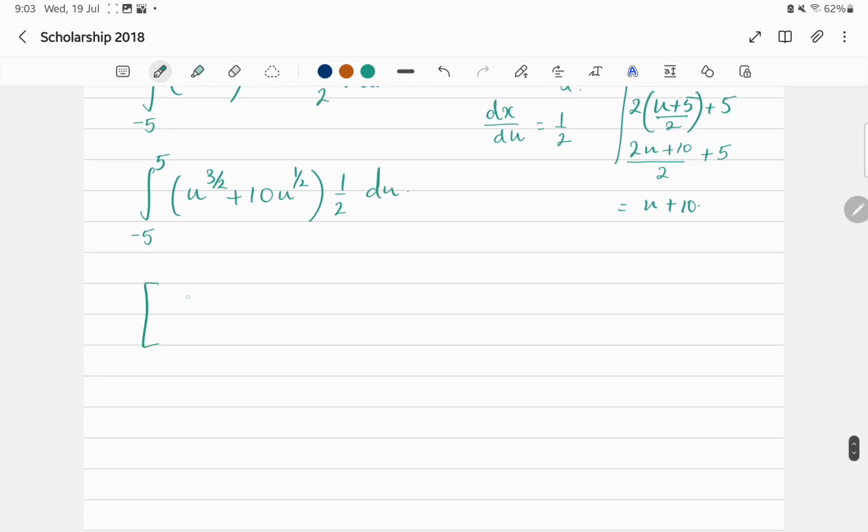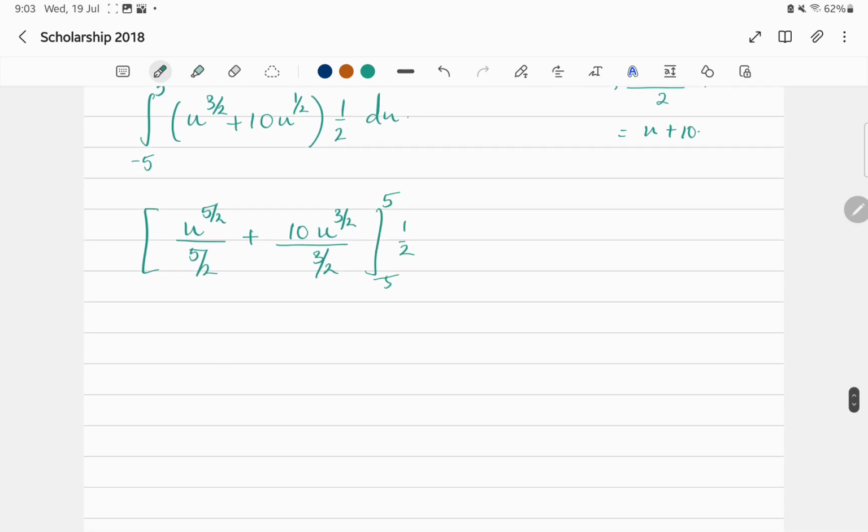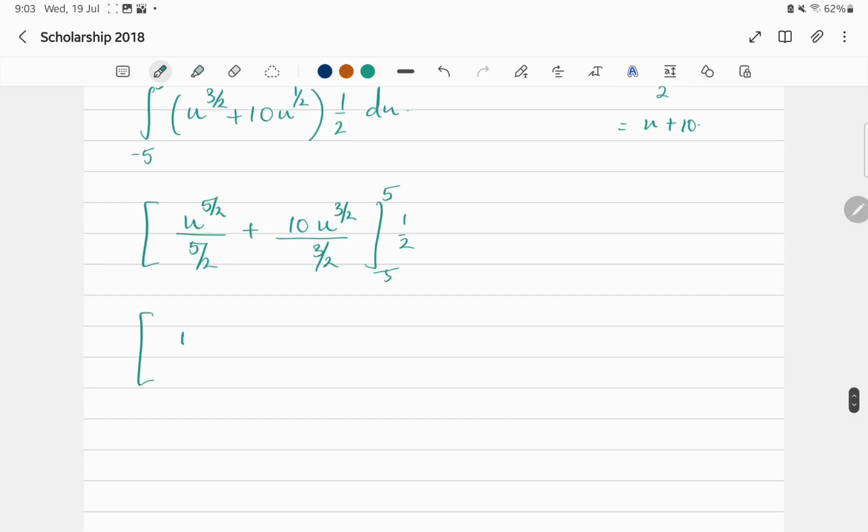Now when you integrate, you will have u to the power of 5 over 2 over 5 over 2, plus 10 u to the power of 3 over 2 over 3 over 2, and you have half, with limits minus 5 to 5. Now if that half goes in, you will have u to the power of 5 over 2 over 5 plus 10 over 3 u to the power of 3 over 2, from minus 5 to 5.